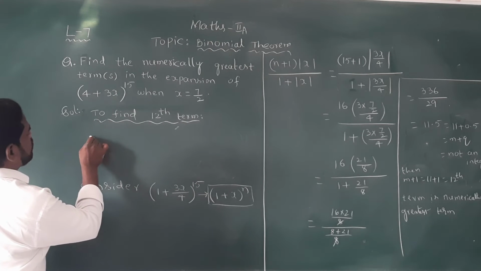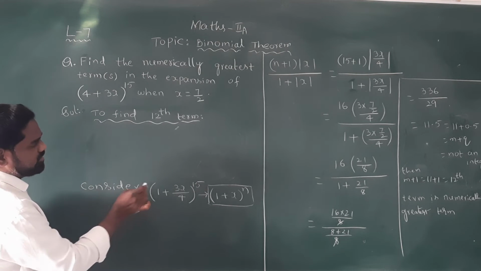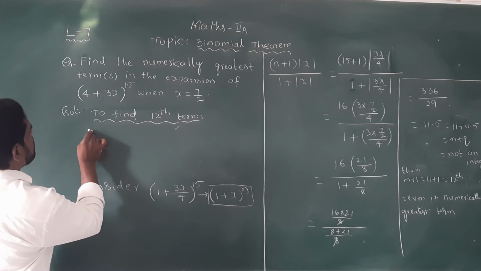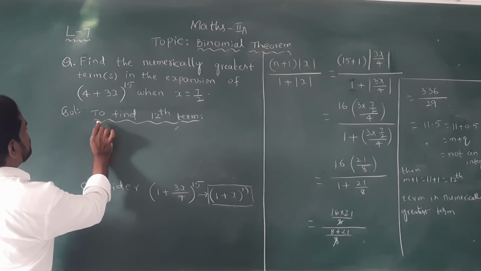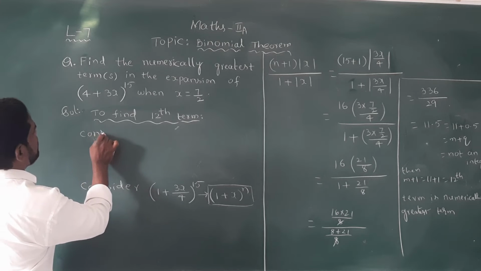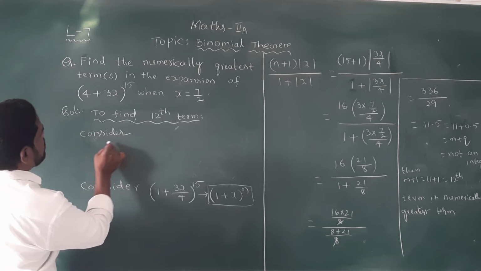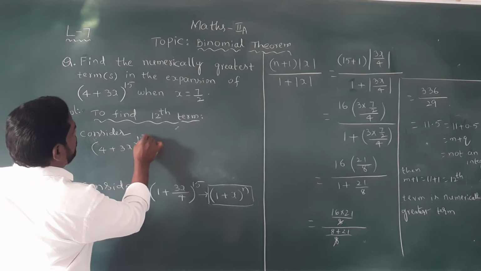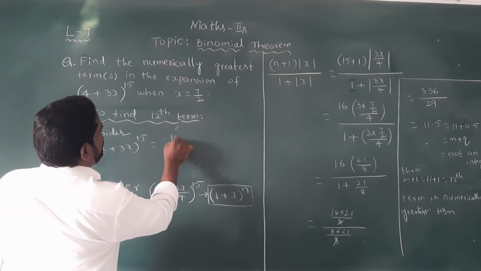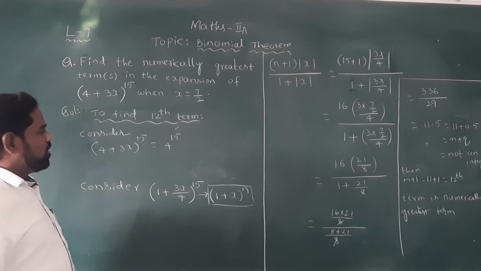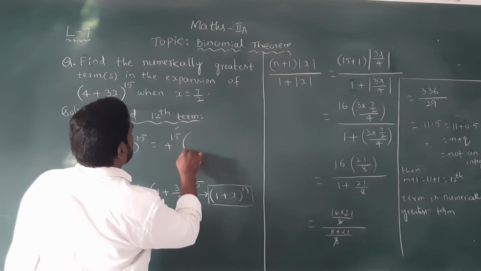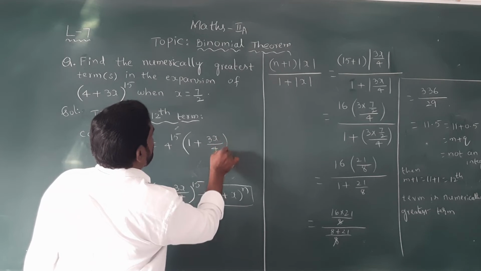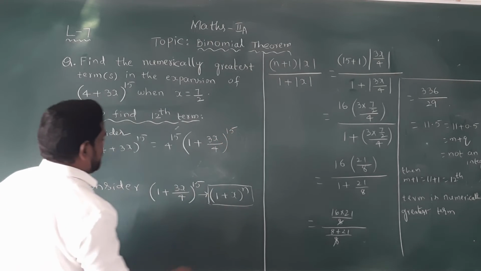Here, use the formula. First of all, what is the expansion? (4 + 3x) whole power 15 can be written as 4 power 15 into (1 + 3x by 4) whole power 15.